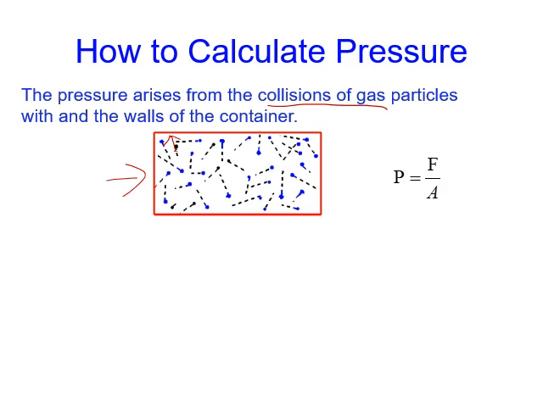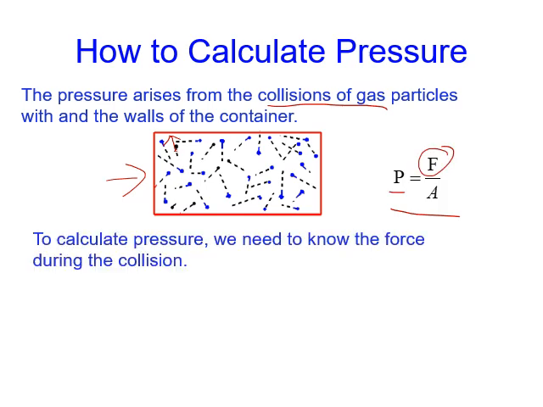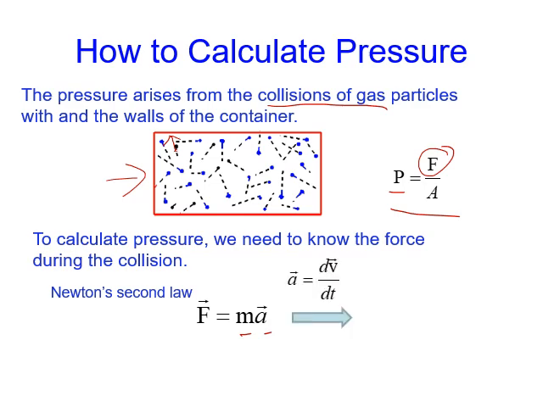Now in physics, pressure is calculated by force divided by area. And so in order to calculate pressure, we need to know the force. According to Newton's law, the force is mass times acceleration. And acceleration is the speed change over time, or the derivative of speed over time. Therefore, force can be written as m times dv over dt.